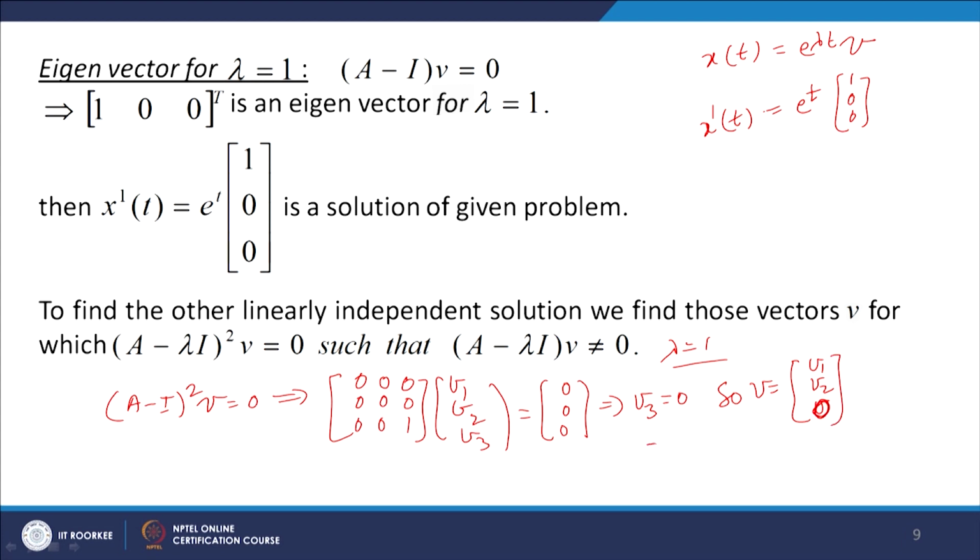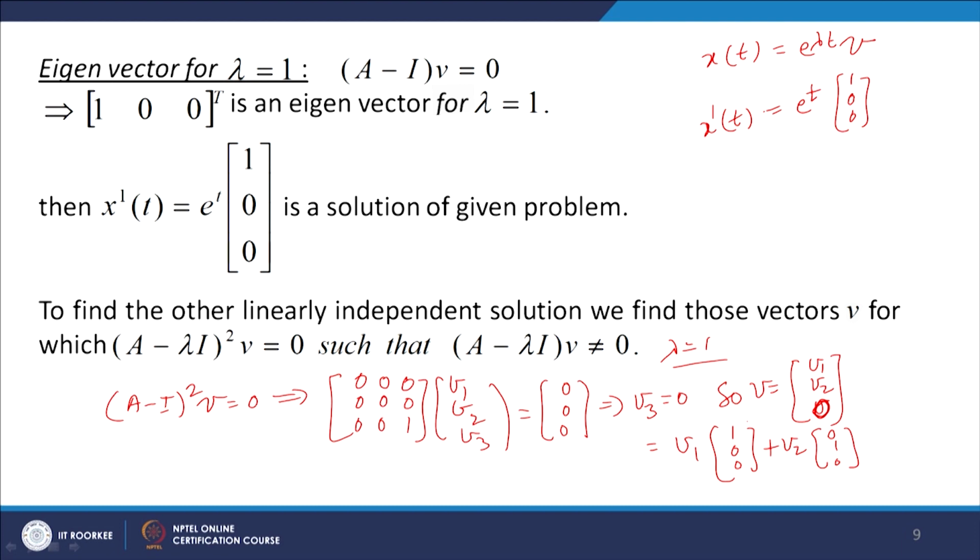Now, I can write it as B1 times (1 0 0) plus B2 times (0 1 0). So, one solution for (A minus lambda I) whole square B can be taken as (1 0 0), the other can be taken as (0 1 0).